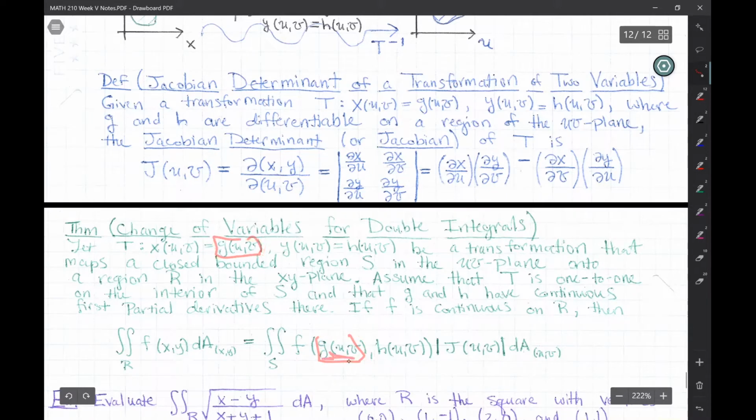We would plug that in wherever we see an x, and we would plug in the expression h(u,v), which corresponds to y, wherever we see a y. And we then have our area element given by the absolute value of the Jacobian. Now this is a function of u and v, so it's a function of two variables. And now this dA is in terms of u and v, so we could write it as du dv or dv du depending on the order of integration we seek. So that's our formula.